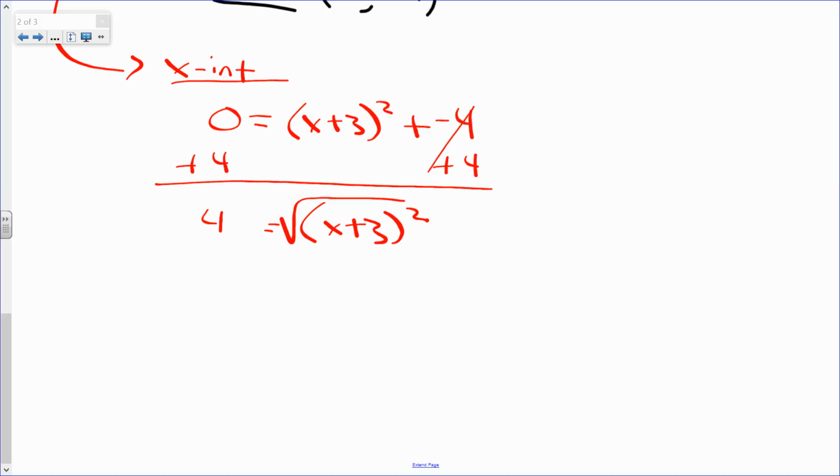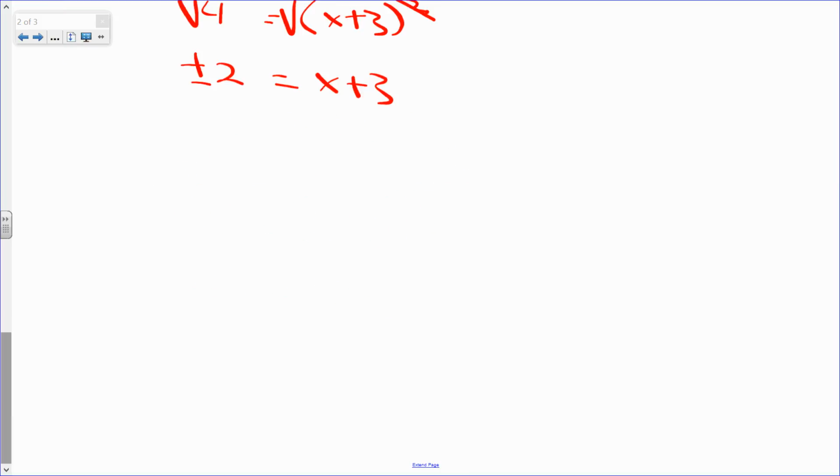We'll square root the right now to get rid of the second power and square root the left. So I have x plus 3 equaling positive and negative 2, square roots of 4. So we have x then, subtract 3 from both sides. So x then is 2 answers. There's 2 roots. There's 2 x-intercepts.